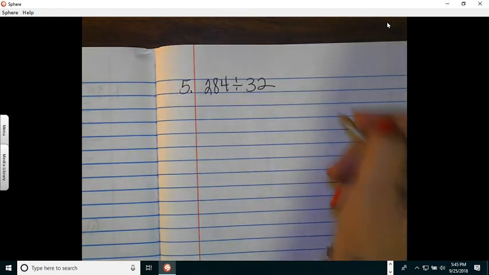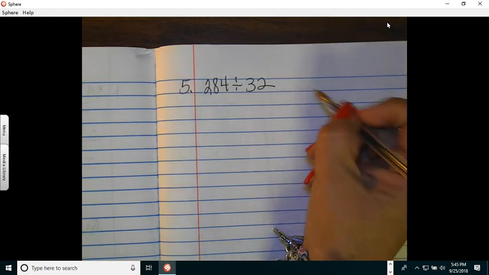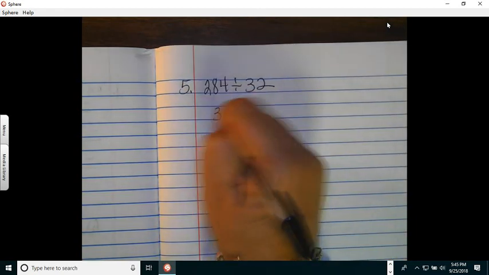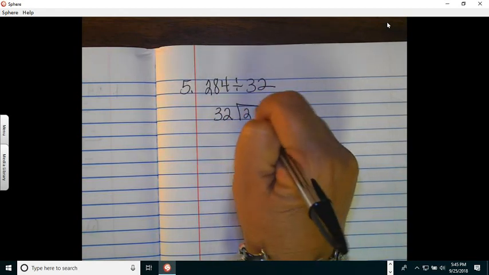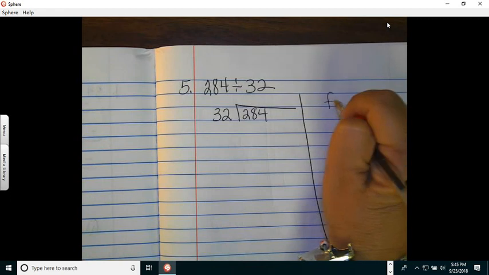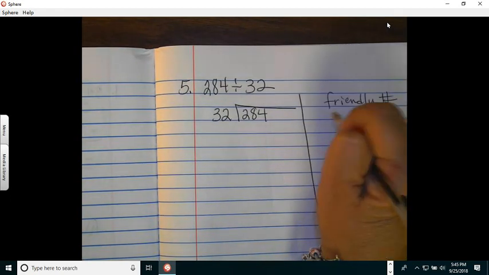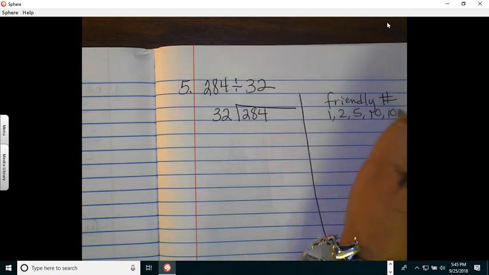Again, we're using partial quotients, which means part of the answer to a division problem. Taking my divisor, putting my dividend in the center, drawing my line down, using my friendly numbers, friendly hashtags, 1, 2, 5, 10, 100.